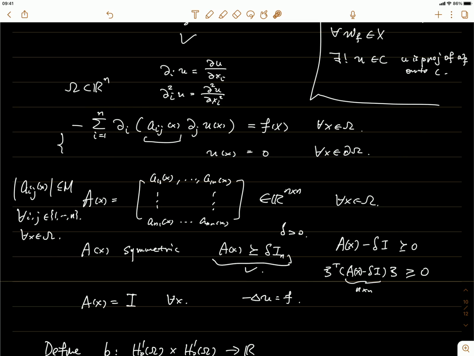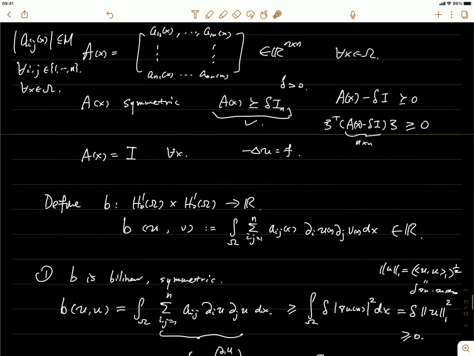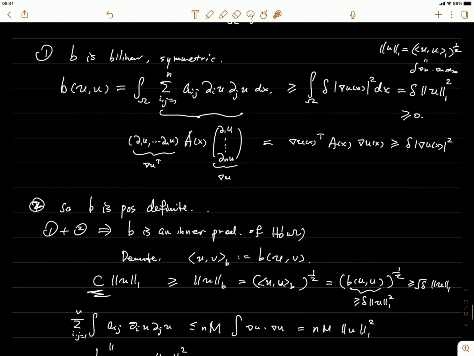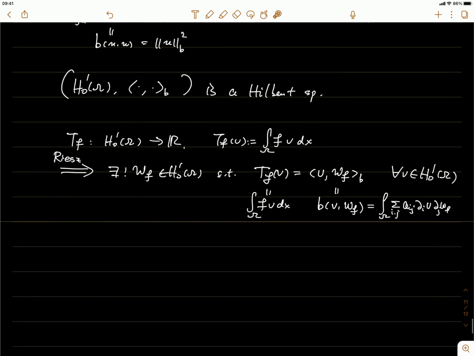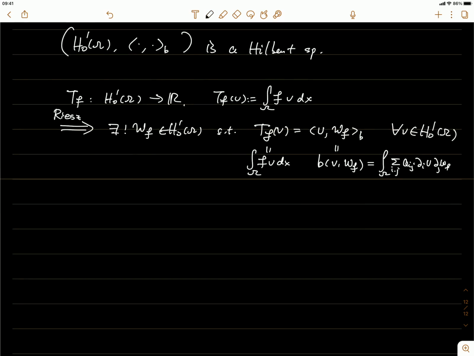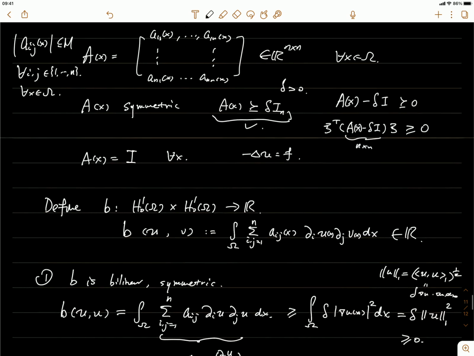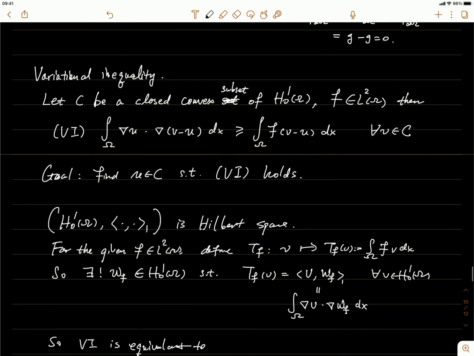Okay, so it's basically the same idea as before, but due to the complication, we define a new norm and show that this new norm, or this new inner product, is equivalent to the original one. Then we can carry out all the same derivation to show that the solution exists and is unique. Similarly, we can consider the variational inequality.